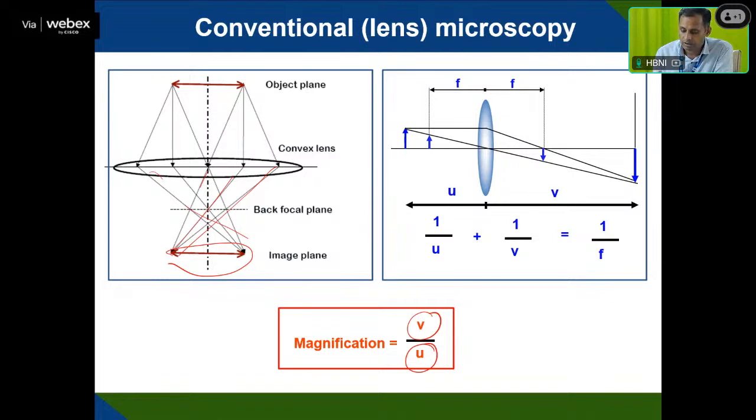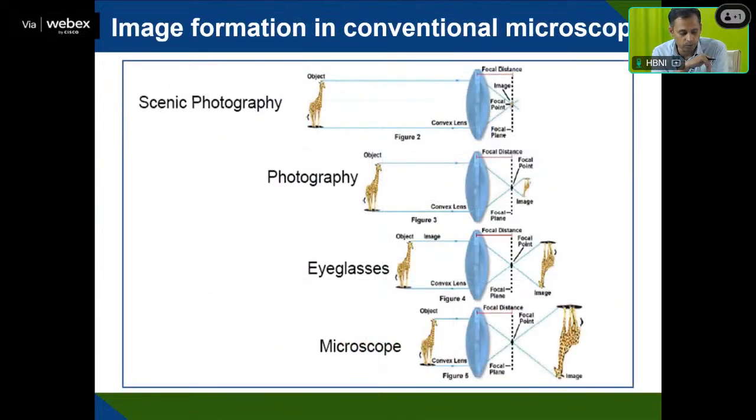You can see an inverted image in a conventional microscope. In photography you see a direct image, but in a microscope we get an inverted image. So resolution-wise, you can increase to get a better image.